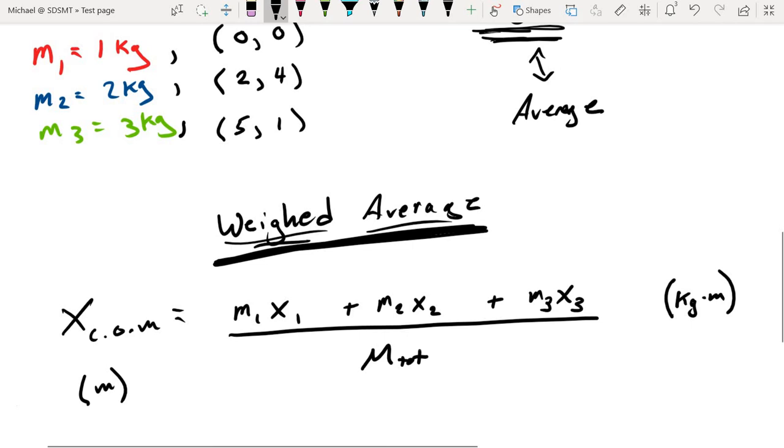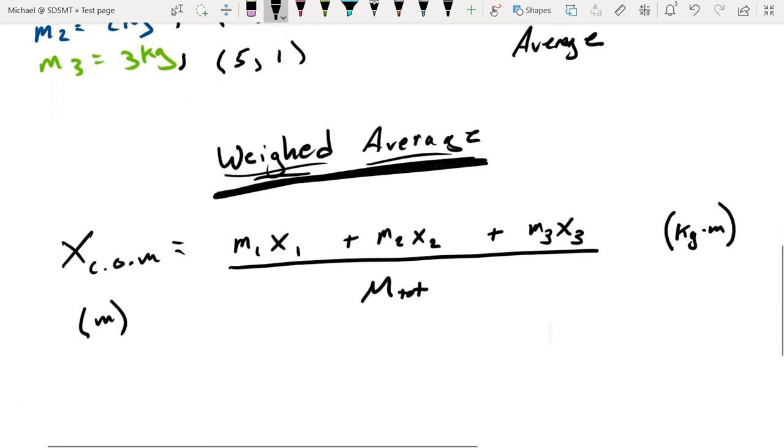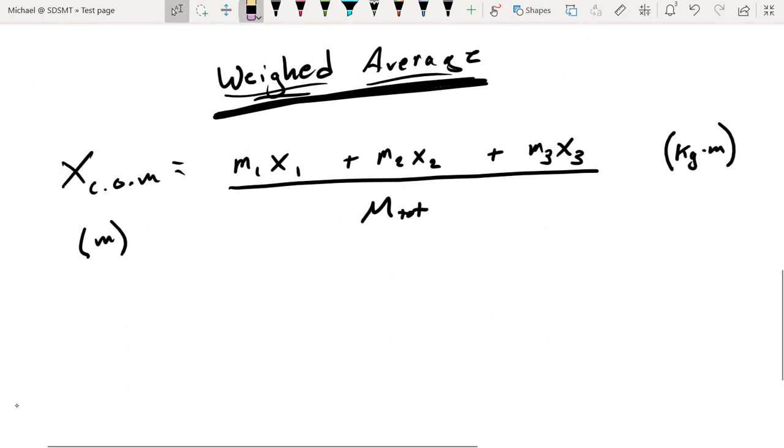And the total mass of the system, well, that's just mass 1 plus mass 2 plus mass 3. And by dividing by the total mass of the system, now the units will work out, because I'll have meters on the left and I'll have kilogram meters divided by kilograms for all 3 of these terms on the right.